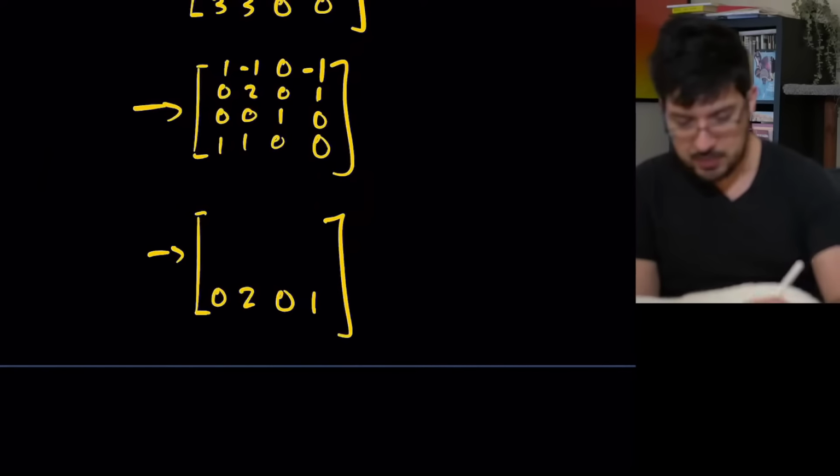Right? So we can take the corresponding rows of the row echelon matrix. That works. And now here's the gotcha.